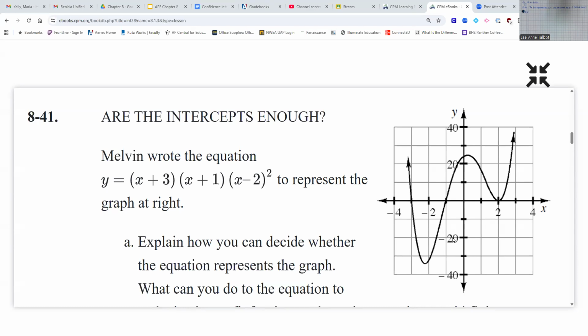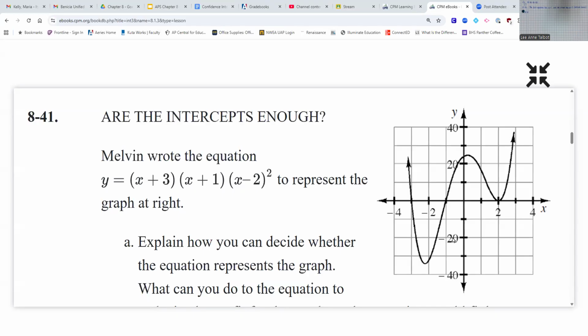Let's see where he got these things from. Melvin is saying that there is a single root, which means the graph passes through -3. Does this graph pass through -3? Yes. Does it pass through -1? Yes. Does it bounce at +2? Yes. Okay.